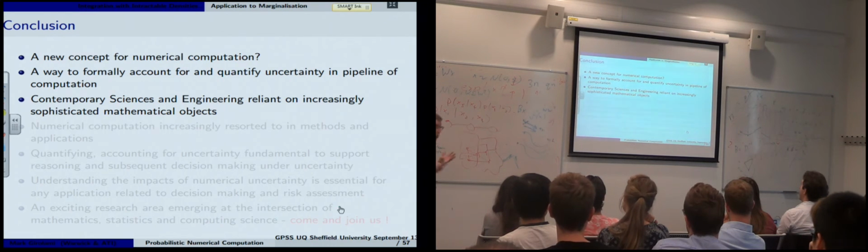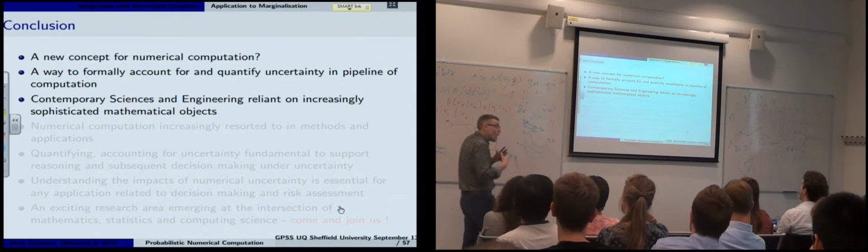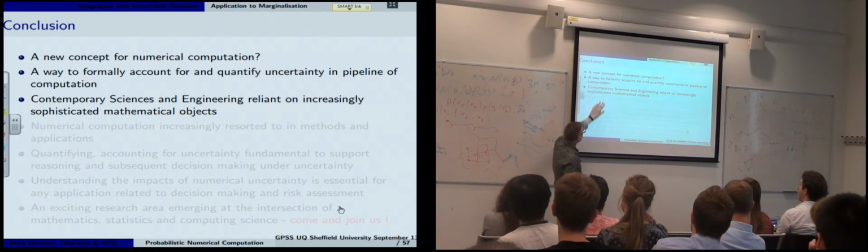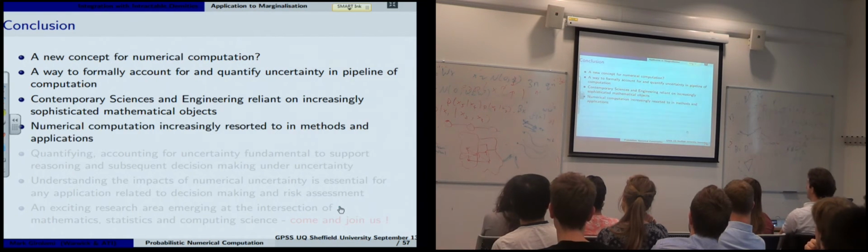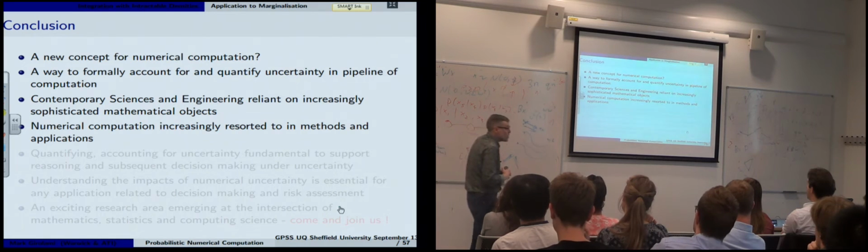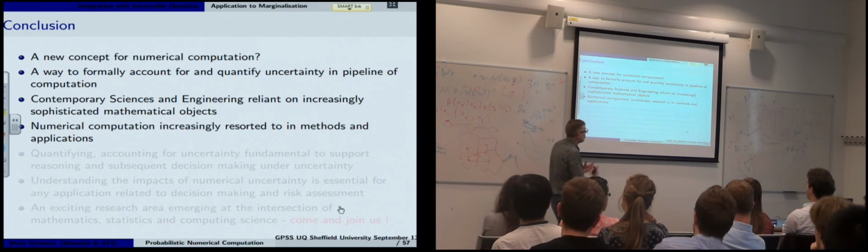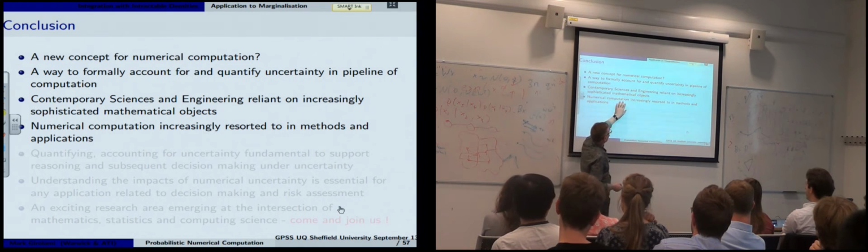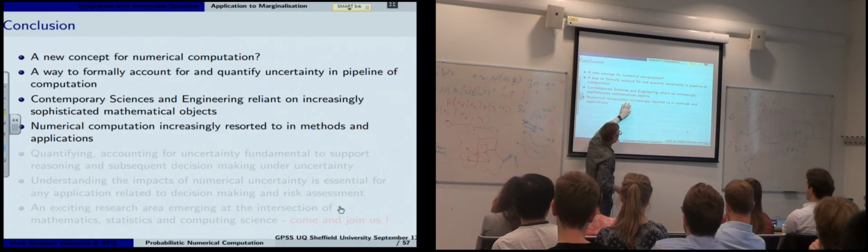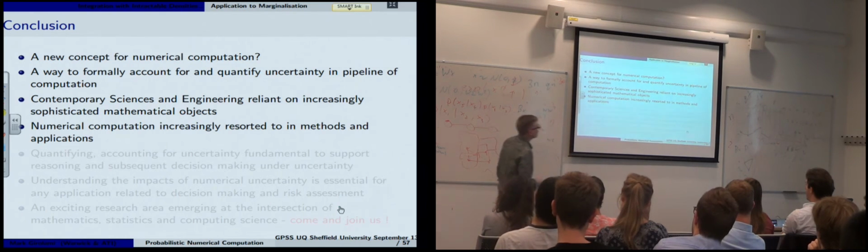Contemporary science and engineering are more and more reliant on very sophisticated mathematical representations, and numerical computation is being used more and more, and the complexity of these objects is becoming higher and higher, so that what used to be feasible is now really starting to creak at the seams.